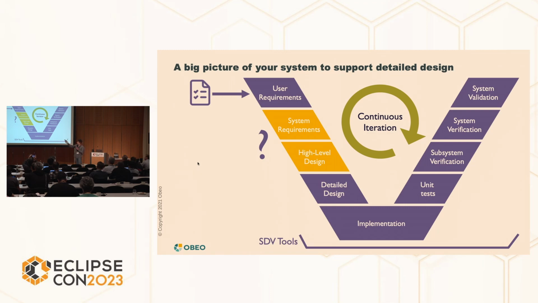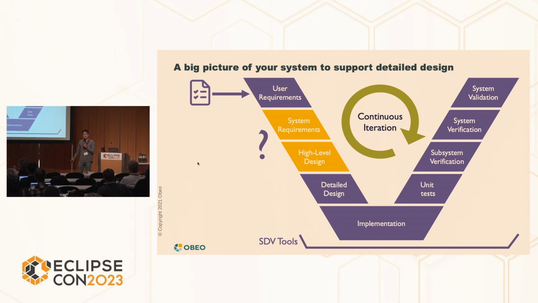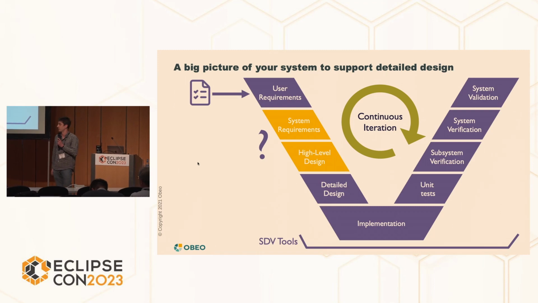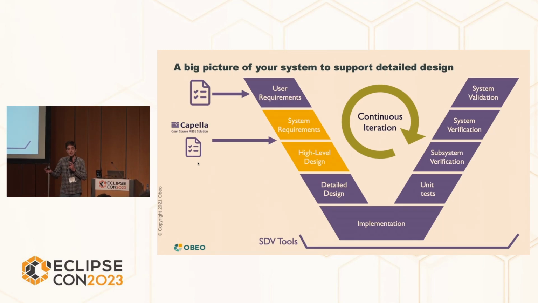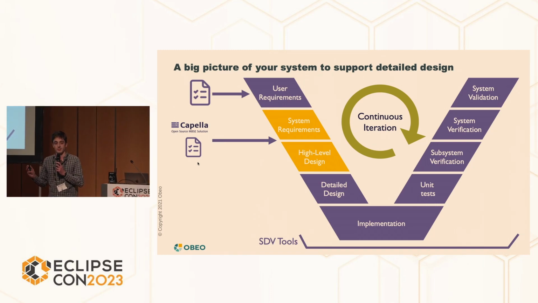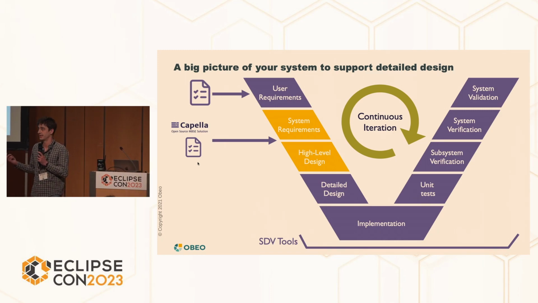What Capella offers is a way to transition from textual user requirements to detailed tools that focus on specialty engineering in the downstream process. So it will act as a complement to enhance your textual descriptions of your system, relying on models and diagrams that are way easier to read and to analyze.